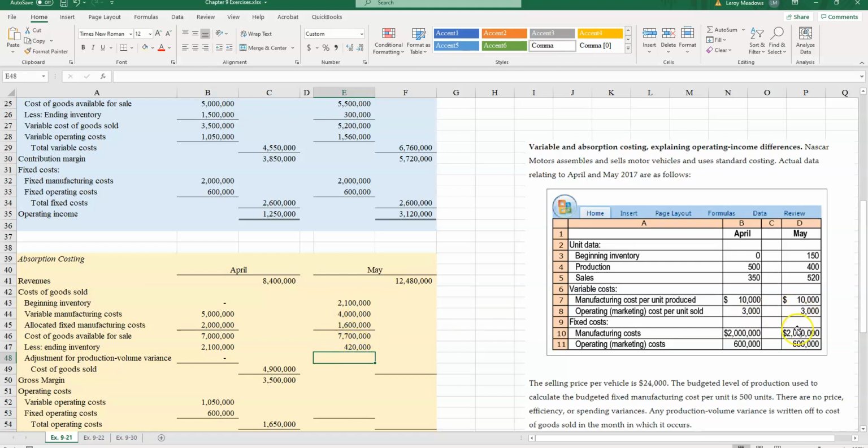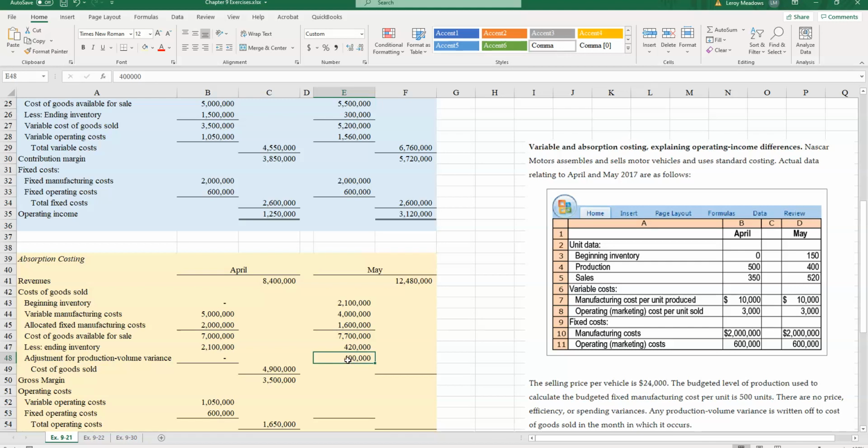I incurred $2 million of fixed manufacturing costs, but I only allocated $1.6 million. So I underallocated by $400,000. Is that favorable or unfavorable? It's unfavorable, because I did not allocate enough fixed manufacturing overhead.